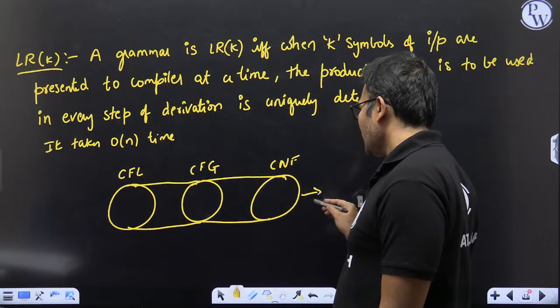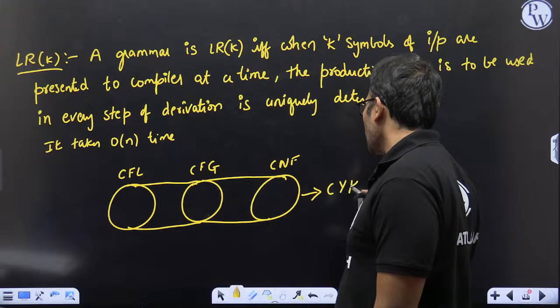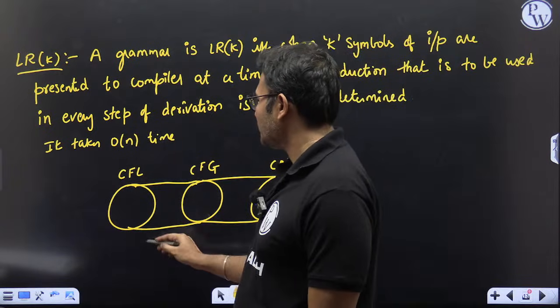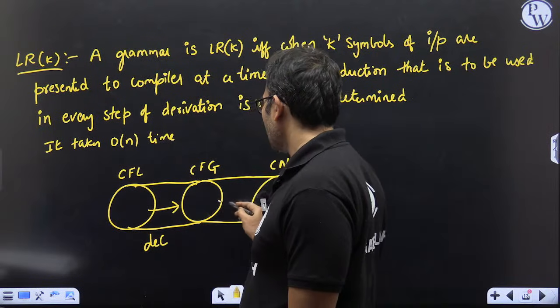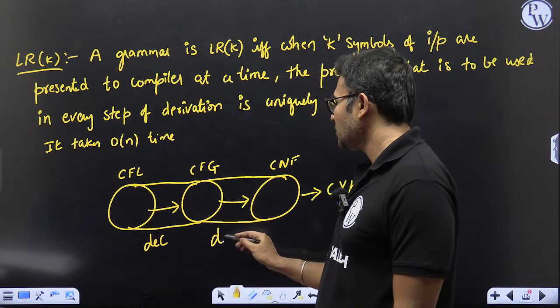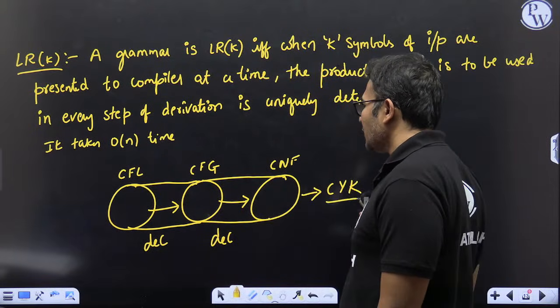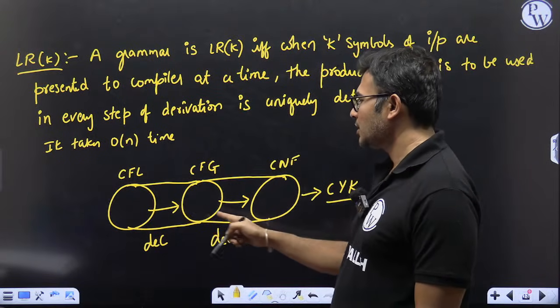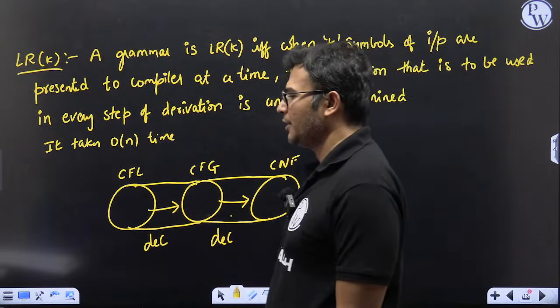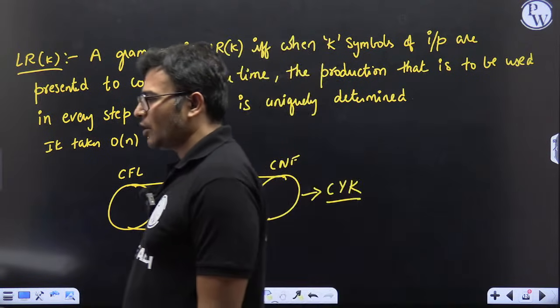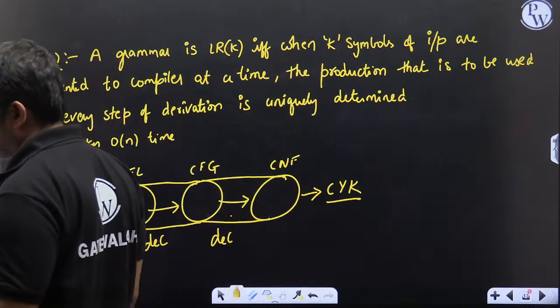And now once you have CNF, you can apply CYK, right? So this step is decidable, this step is decidable, and we have an algorithm here. There is an algorithm, therefore membership is decidable, right? So membership in context free language is decidable.